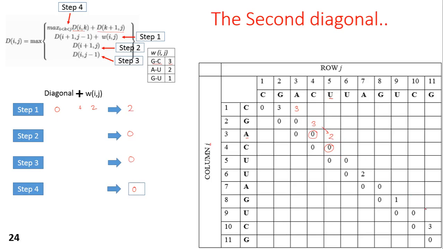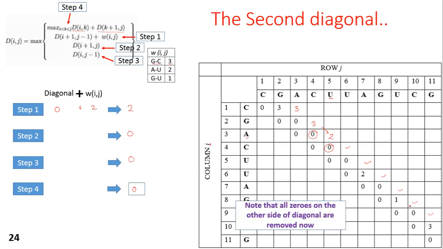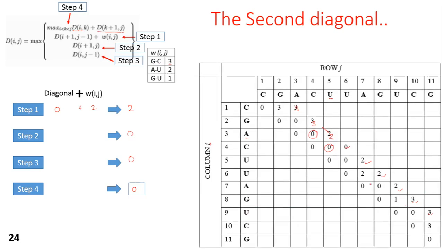In this way you would go on populating the remaining boxes, this and this. Okay, and after populating, you would get something like this. Here is how you would end up populating your entire second diagonal.